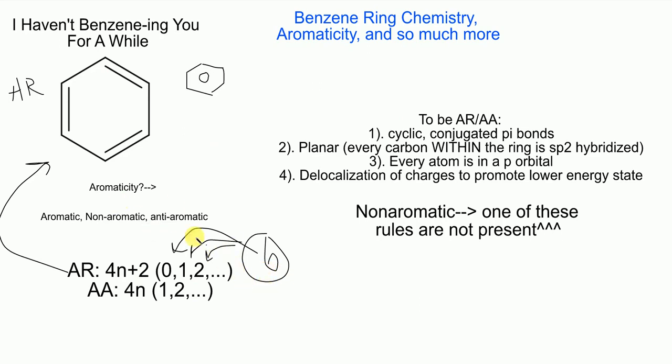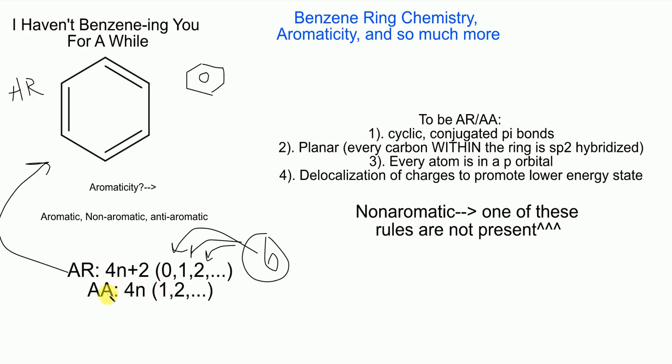But this is a very simple example to show you how to classify between aromatic and anti-aromatic, and this is the only difference between them. So aromatic has a certain number of pi electrons that you can get by plugging in 0, 1, 2, 3, 4, and so on, and get the number that you counted. That's all you're doing. You're just trying to get the number that you counted from the formula by plugging in the numbers. Very simple, right?